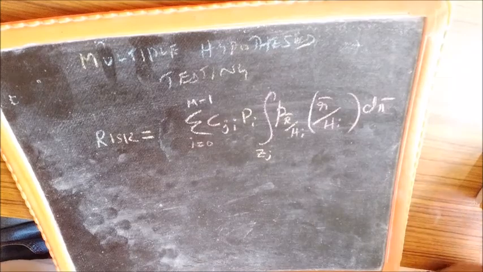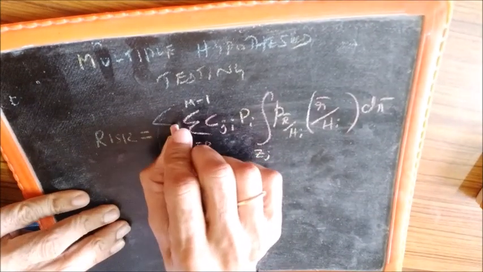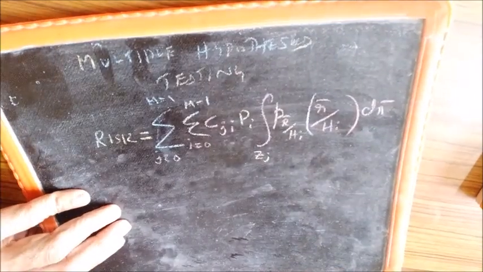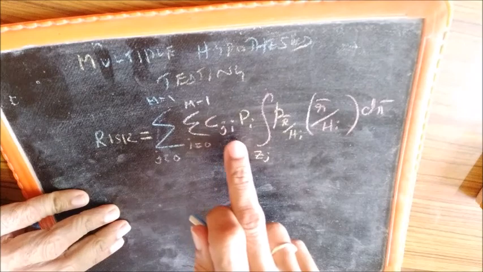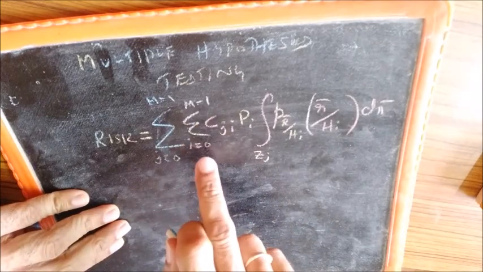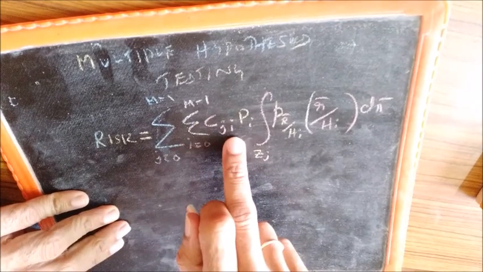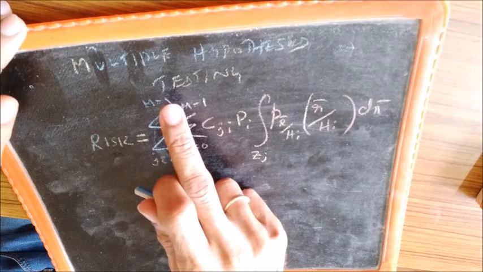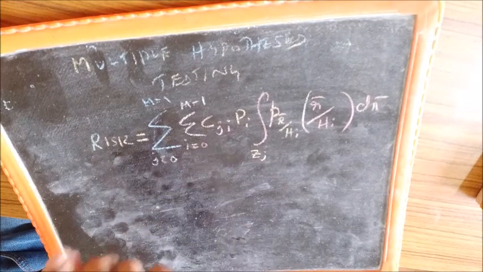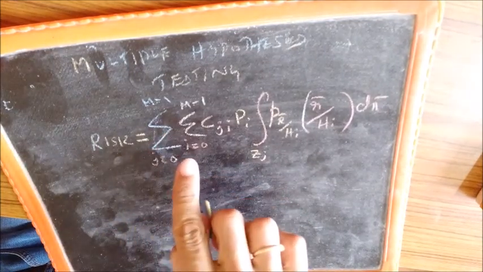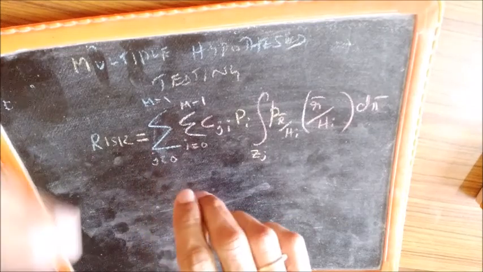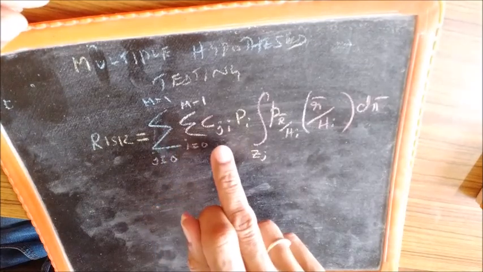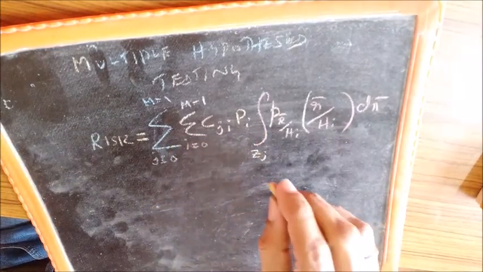So if I add this up for j 0 to M minus 1, I will have considered all the possible costs, because this summation considers all possibilities of the true hypothesis, and when I do this summation over j, I consider all the possible decisions that the decision rule can take. So this is the risk now.